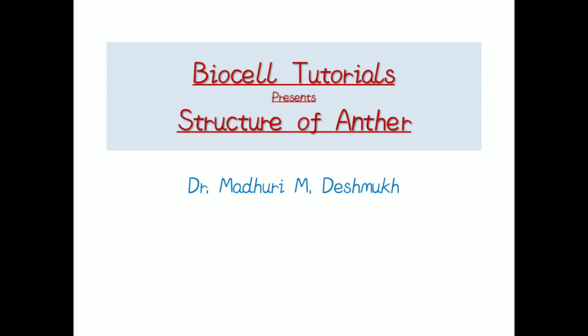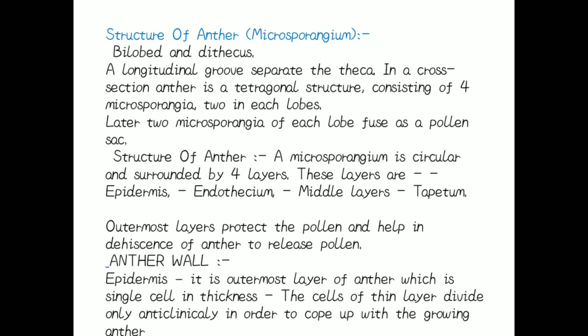The outermost layers protect the pollen and help in dehiscence of anther to release the pollen. Anther wall. Epidermis is the outermost layer of anther, single cell in thickness. The cells of this layer divide only anticlinally in order to cope with the growing anther.